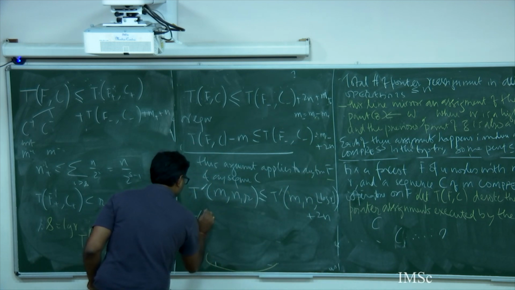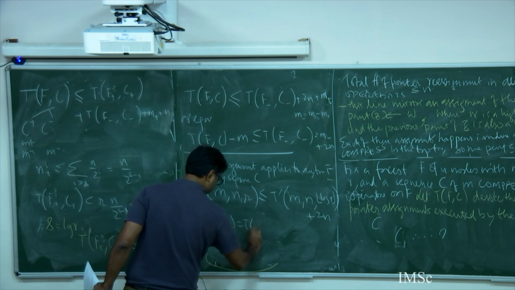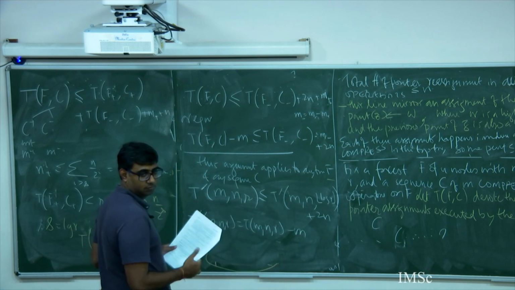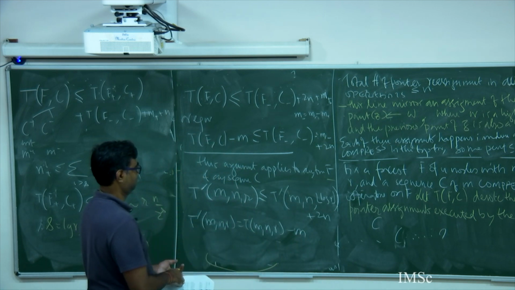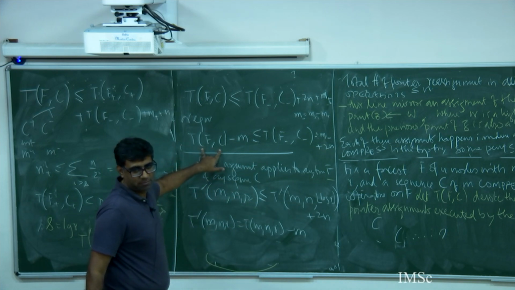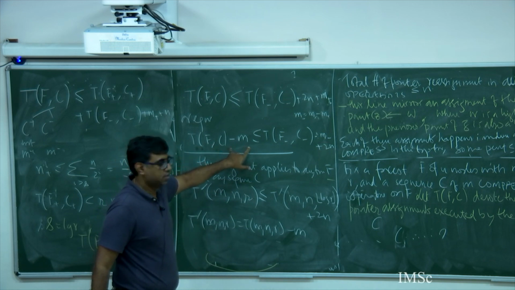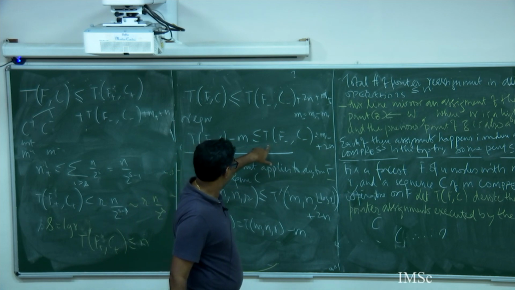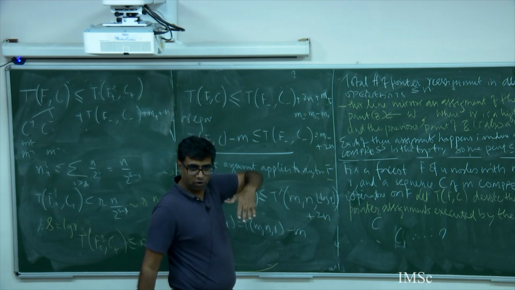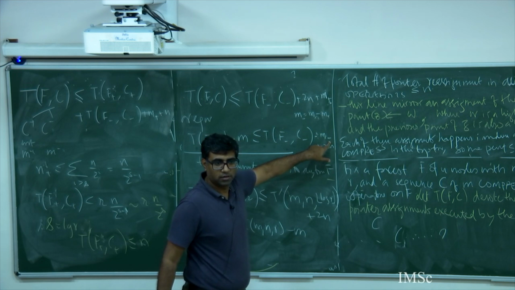Now, what is T prime M N R? It is T M N R minus M. What is this? What is T of F? Because of the arbitrary sequence, T of M, N, R minus M is less than or equal to T of M, N, log R, because S is log R, because I'm in this forest, minus M minus, right?